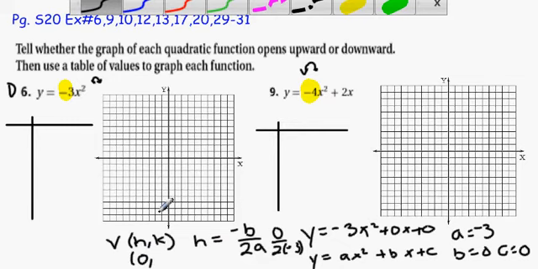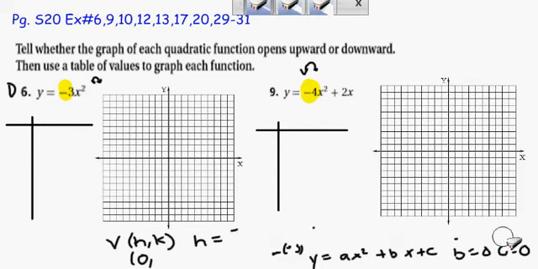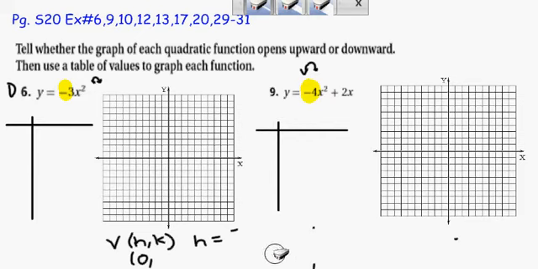And then we look at k. Let me erase this so now we can find the value of k. To find the value of k, I simply take that vertex x coordinate, the h, and plug that into my expression.